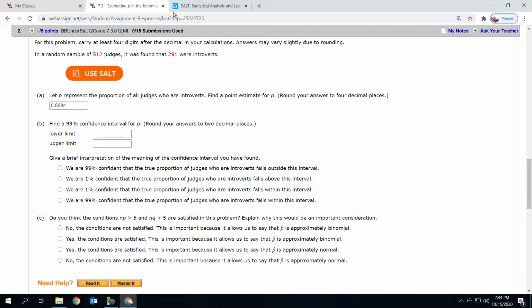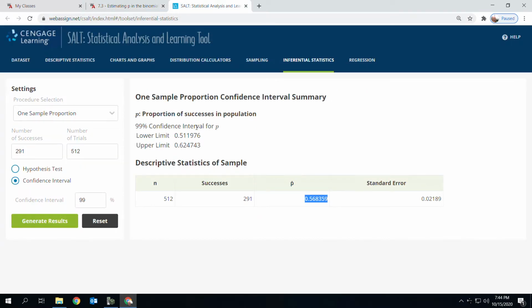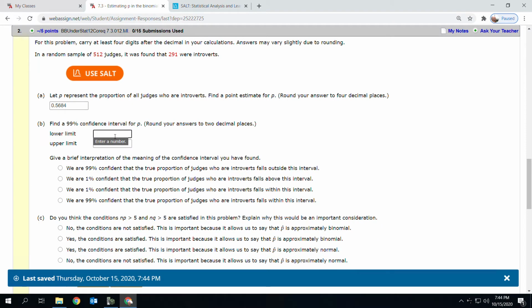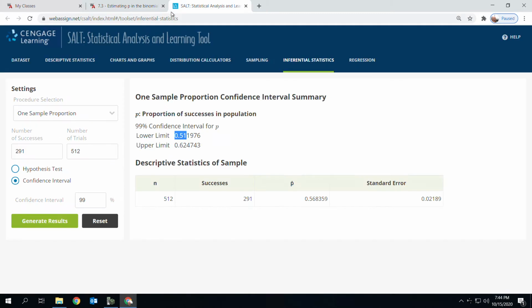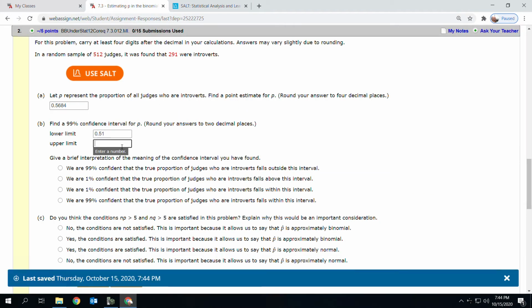Lower limit, that's kind of hidden up here in the gray. 0.51. While the upper limit, and I'm only taking 2 decimal places, so 0.62. There we go.